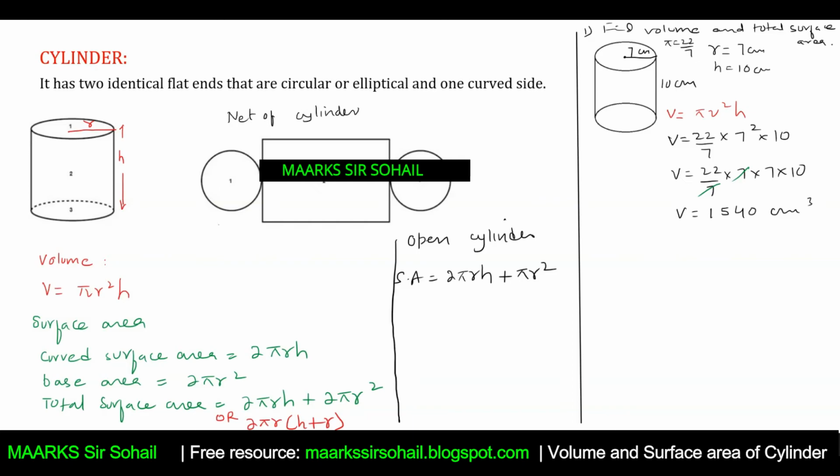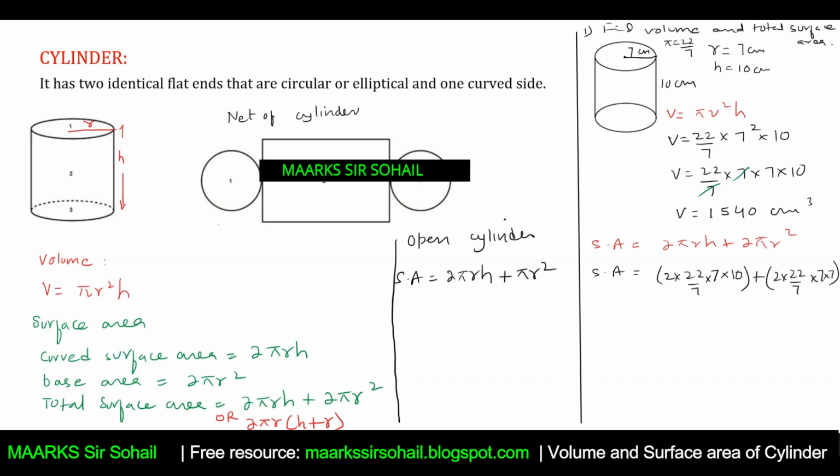Now to find the surface area, I will use 2 pi r h plus 2 pi r square. You can either put values directly or take common and then simplify. I'll do it like this. 2 into 22 upon 7 multiplied by radius 7 and multiplied by 10, plus 2 pi r square, so 2 into 22 upon 7 multiplied by 7 square.